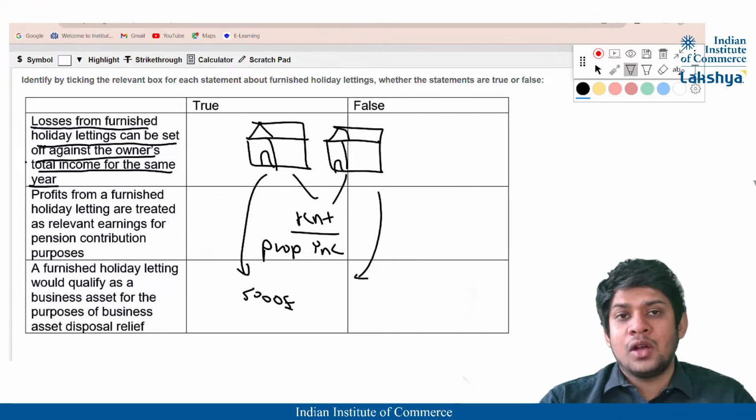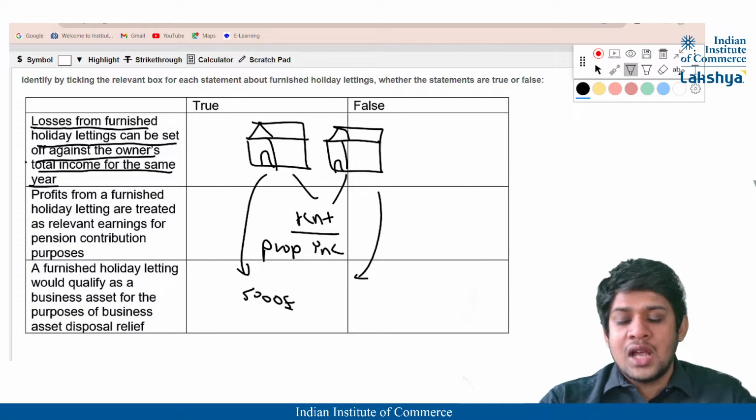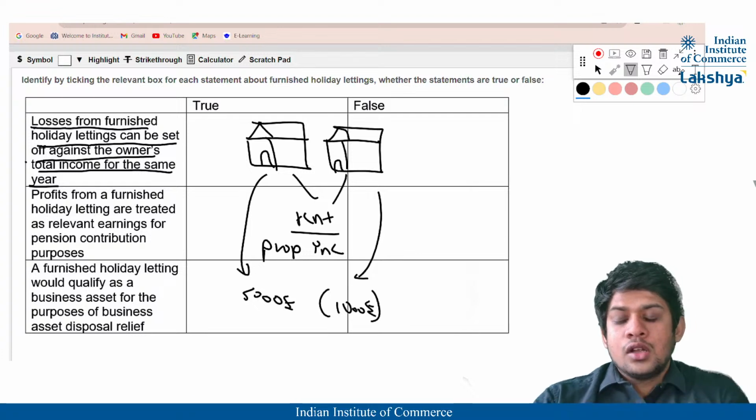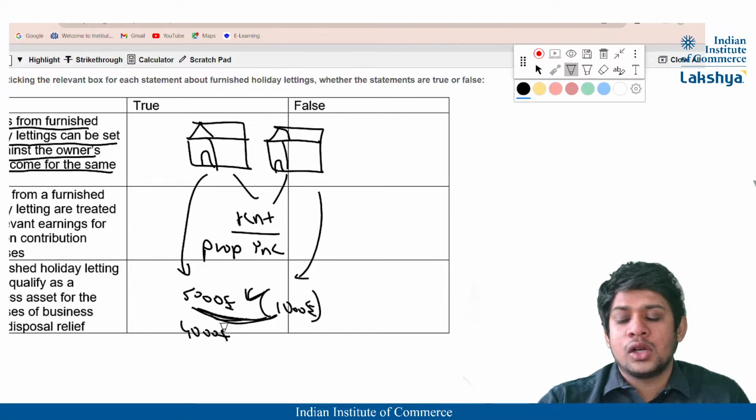But maybe I'm also incurring a lot of expenditure. Maybe I did some repairs and repaintings this year, because of which I have a loss of £1,000. This will be aggregated, and I will have a net property income of £4,000.